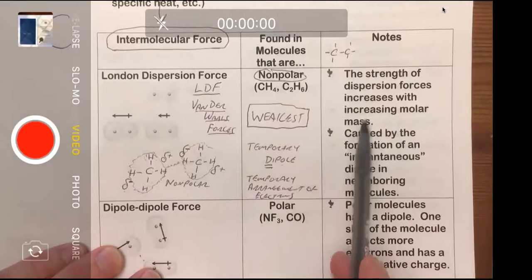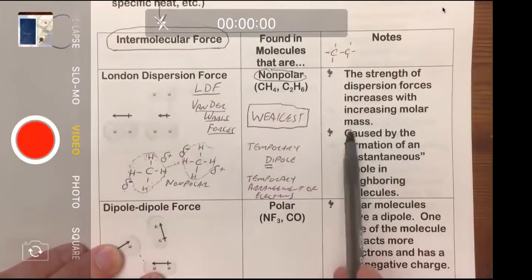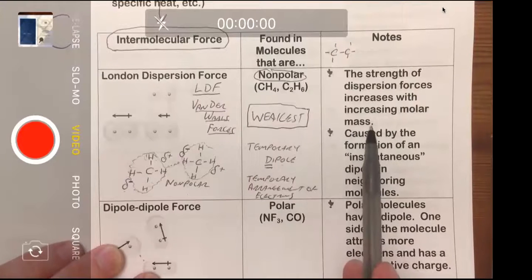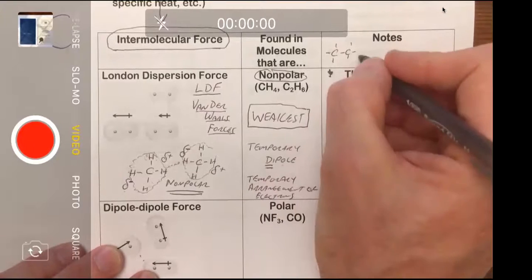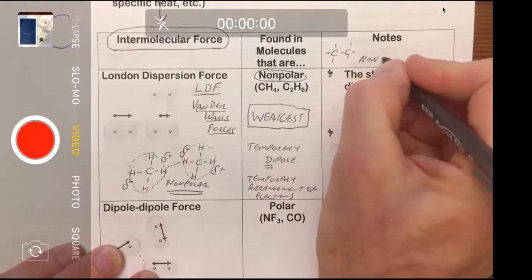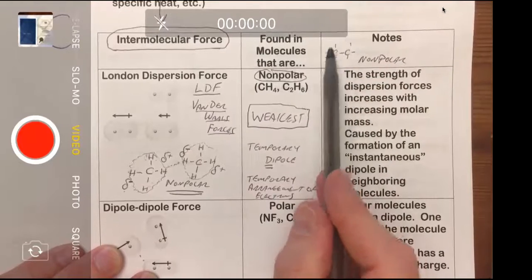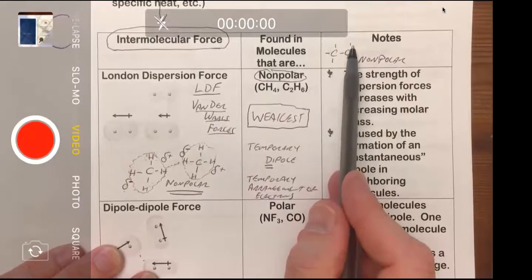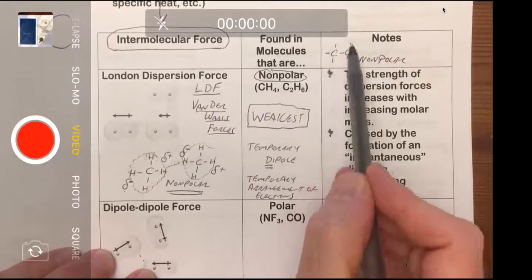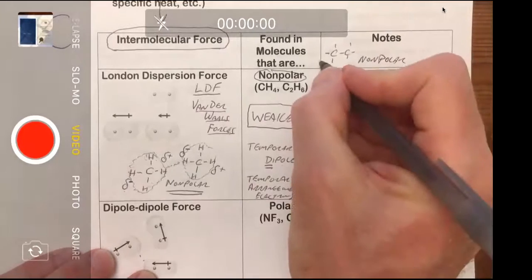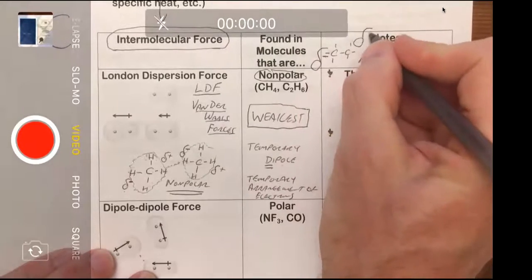So the strength of these LDFs, of these dispersion forces, increases with increasing mass. So if everything else is the same, if I'm comparing a nonpolar molecule, CH4, to a nonpolar molecule, C2H6, if I had to guess, do these guys hold on to their neighbors more or less strongly than these guys? Because these guys have more electrons, you could have a little bit of a larger negative charge, which would make a little bit larger of a positive charge.